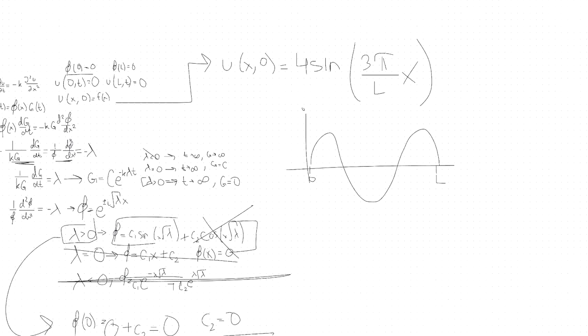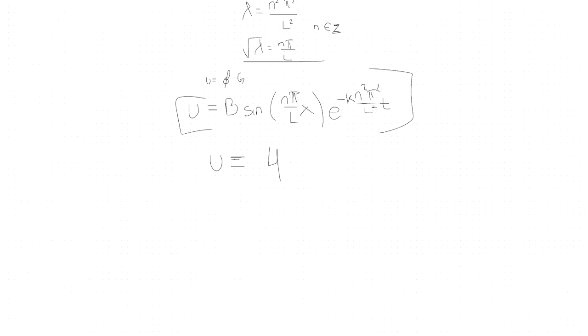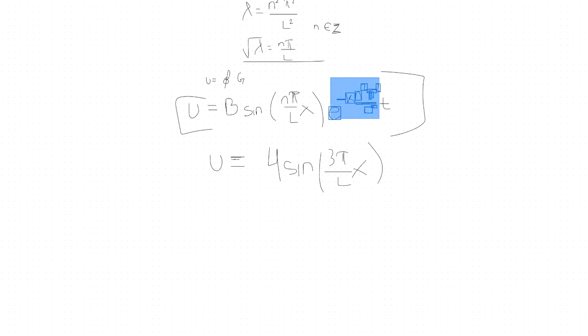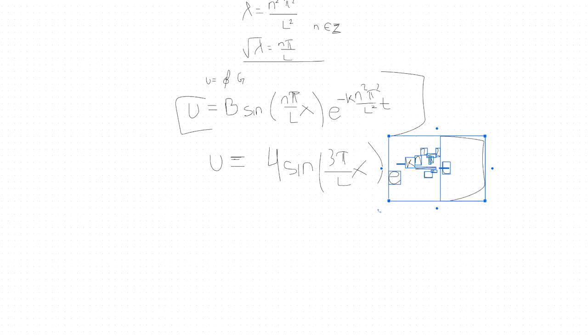And so if that was the initial condition, our solution would be 4 sine 3 pi over L x times e to the minus k n squared pi squared over L squared times t. And this kind of makes a lot of sense because this is sort of our initial condition of how the temperature behaves.